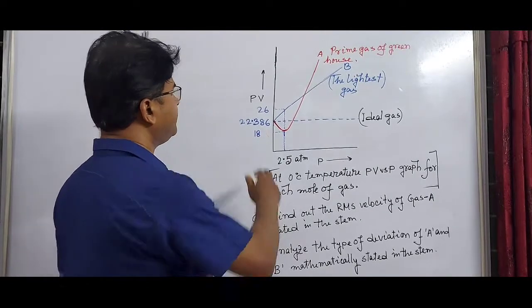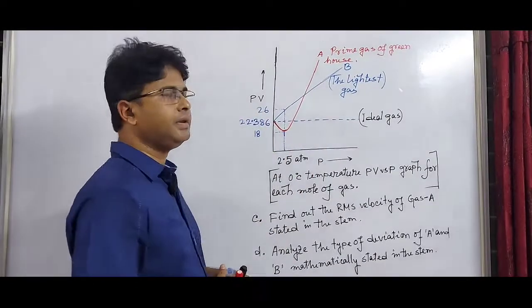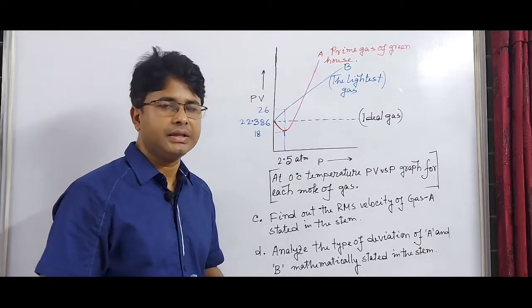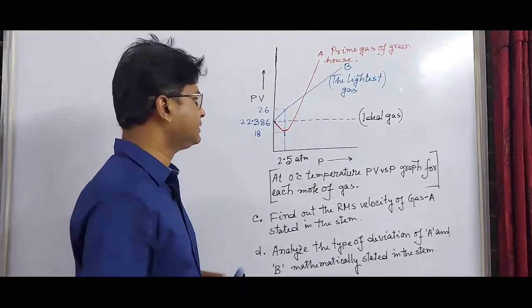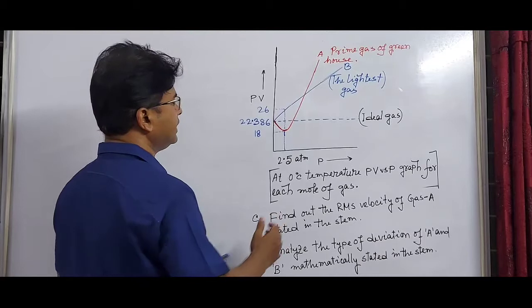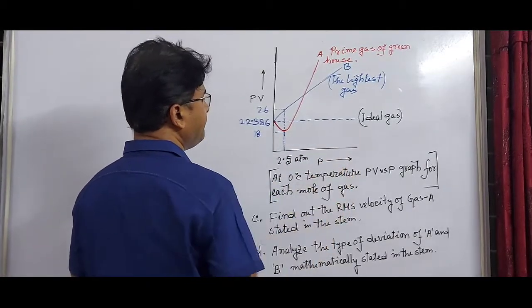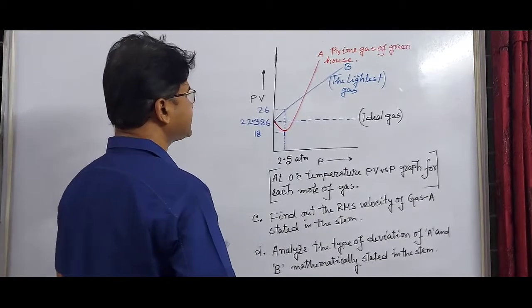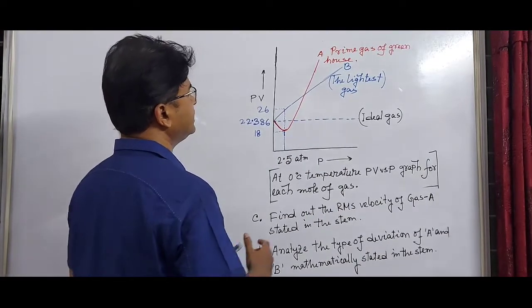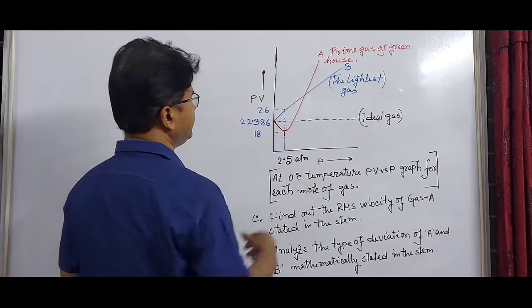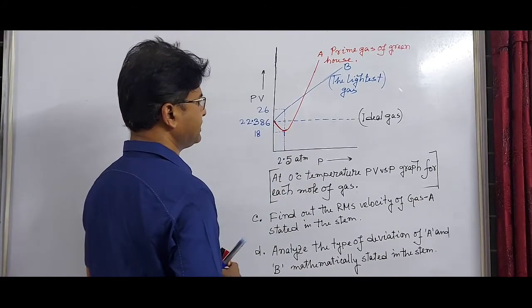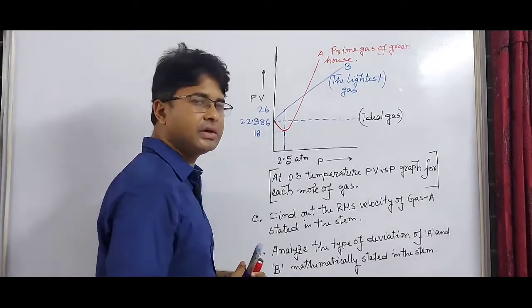Here a PV versus P graph is drawn, and in this case the ideal gas line is parallel to the pressure axis, and gas A and gas B are deviated from the ideal characteristics respectively.